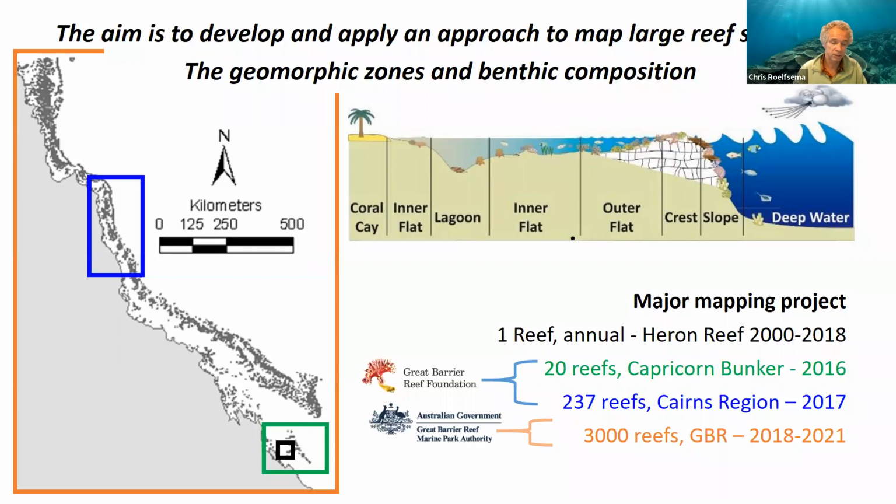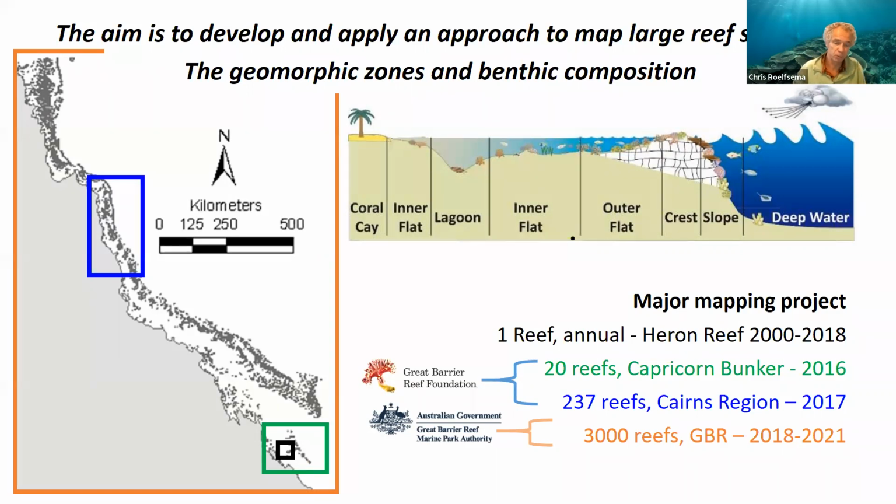That resulted in 2018 in us being asked to map the whole Great Barrier Reef, and we are still on track to finish by January 2021 to have our first version of the map. But as you will see throughout the presentation, it can ongoingly change through the processes and techniques we apply.